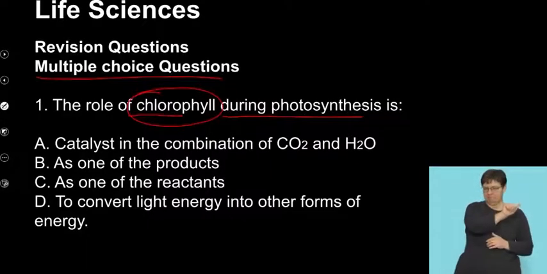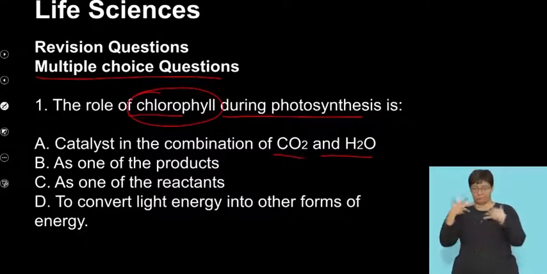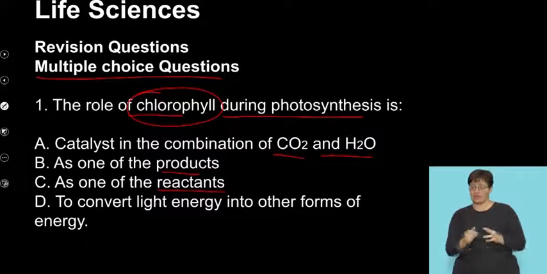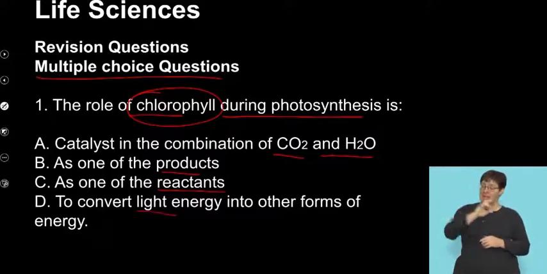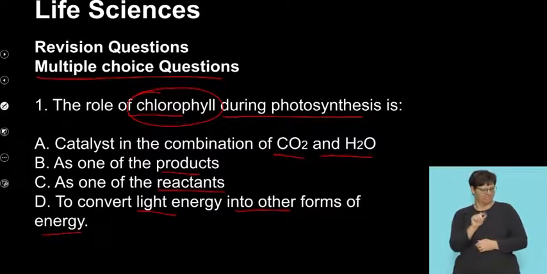A, it's a catalyst in the combination of carbon dioxide and water. B, as one of the products. C, as one of the reactants. Or D, to convert light energy into other forms of energy. And that's an interesting one because there are some obvious ones that we can easily eliminate.